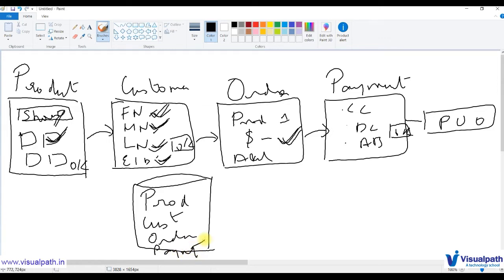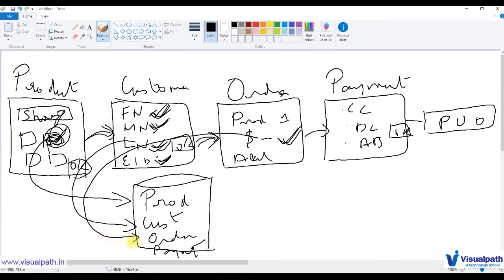Once you opt for this particular product and click OK, before navigating to the next page, the product details you opted for will be sent to my product table. Similarly, once you give all your details in the customer page, before navigating to my third page, this data will be sent to my customer information table, similarly my order, and finally my product.